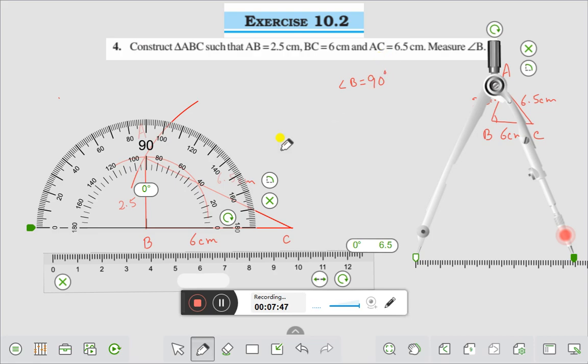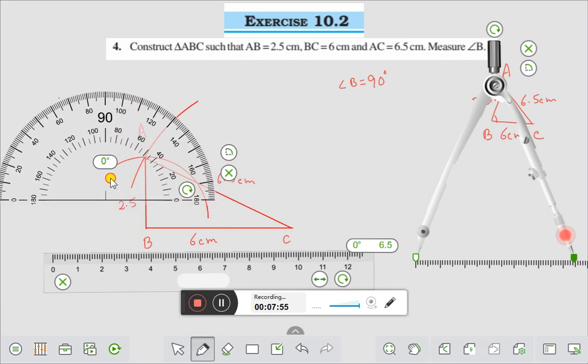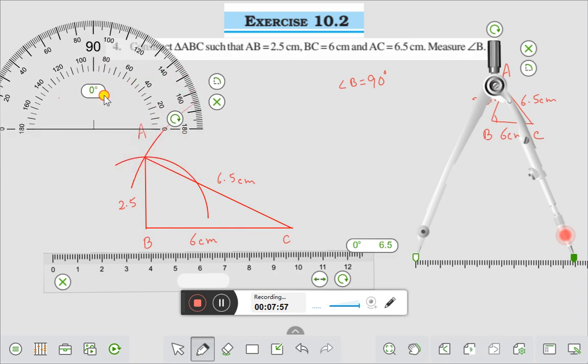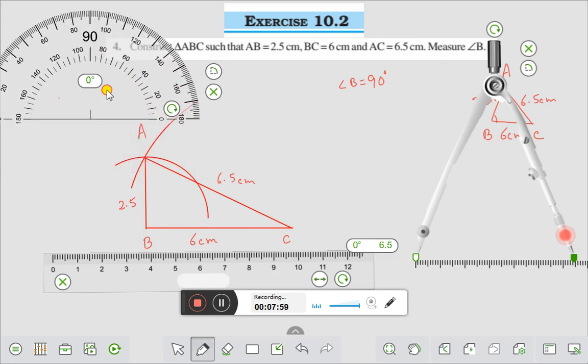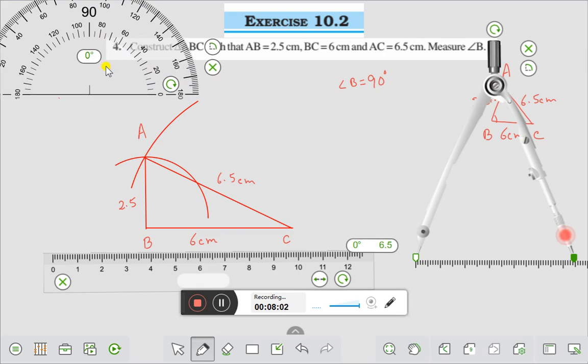You can also check by Pythagoras theorem whether the angle is 90 degree or not. With the help of Pythagoras theorem, we know that hypotenuse square is equal to base square plus perpendicular square.